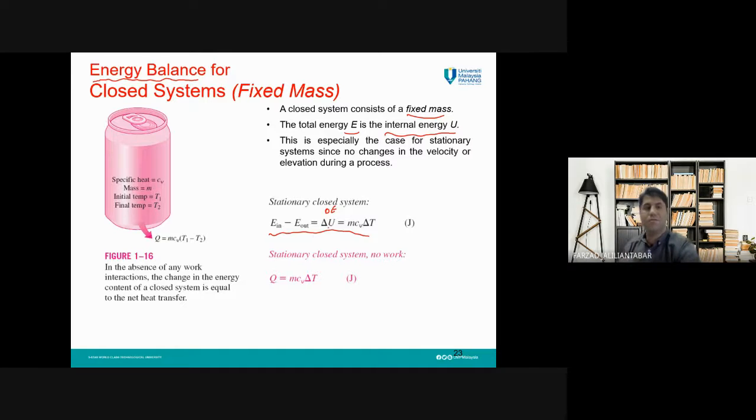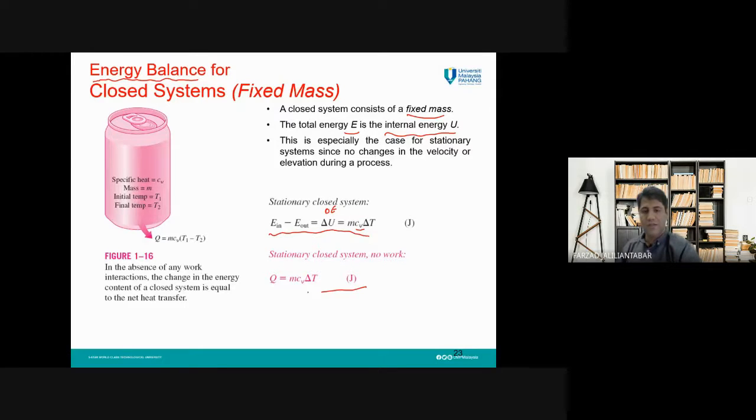And if you remember from the previous slides, delta U during this process will be equal to m Cv delta T. Cv, why Cv? Because the volume remains constant here for the fluid which we have. m is the mass of the fluid and delta T is the temperature difference.